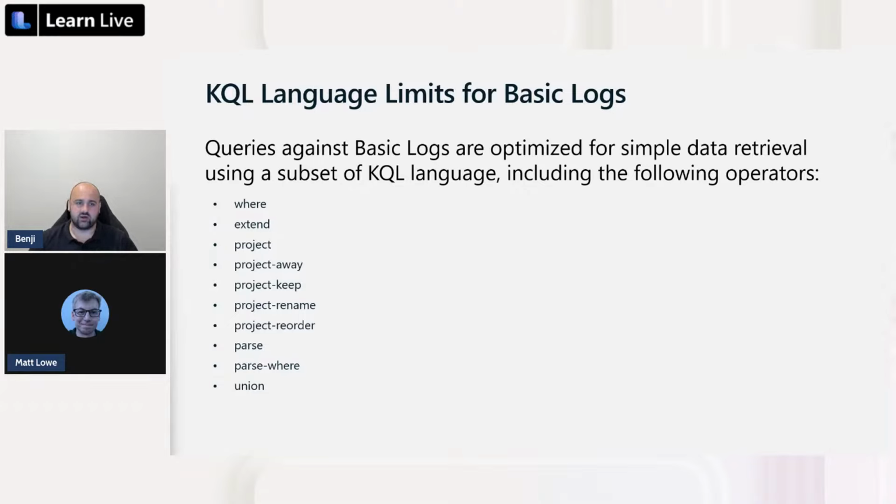You can use extend, project, project away, or any kind of project. Parse the data, so that you have a better visualization of the data when you are querying it, and also union, so that you can union basic logs with any other logs. That is what is currently available from this perspective.